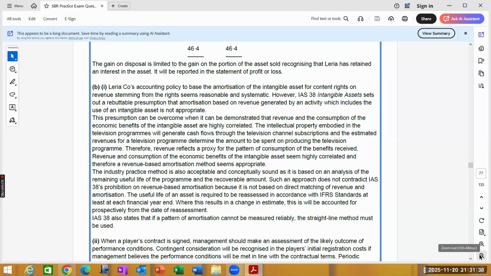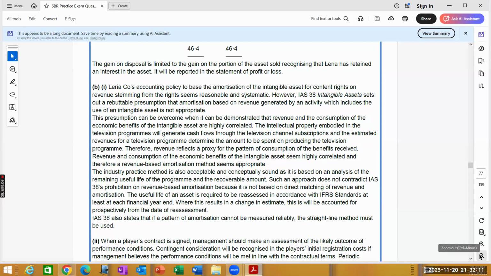This presumption can be overcome when it can be demonstrated that revenue and the consumption of the benefit of the intangible asset are highly correlated. The intellectual property embodied in a television program will generate cash flow through the television channel subscription, and estimated revenues for the television program determine the amount to be spent producing the television program. Therefore, revenue reflects a proxy for the pattern of consumption of the benefit received.